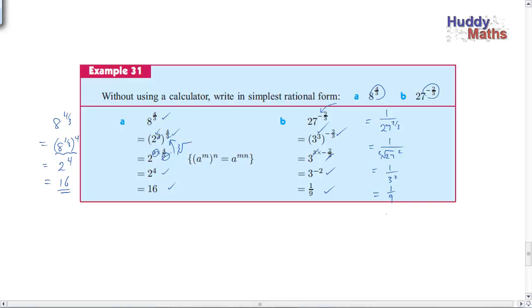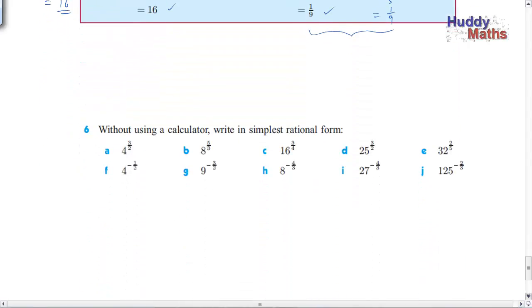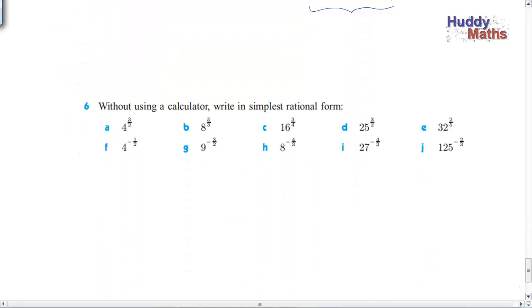So it's a similar number of steps, so one solution is as good as another. Remember, mathematical solutions are deemed to be best if they are shortest. Okay, so whichever way you want to do it, just make sure you can go through the steps and get the correct answer there. Okay, I'll give you some to practice now with these rational powers, and I think this is our last set now. So whichever way you want to do it, have a go, and I'll show you the answers now.